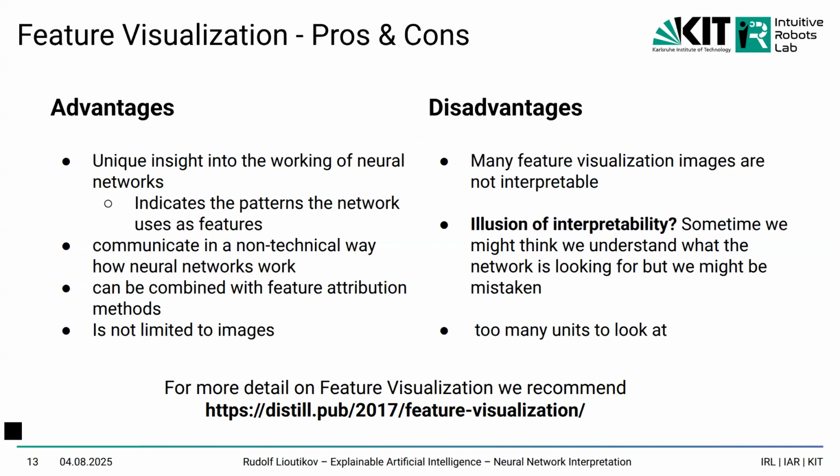Yeah, now we've seen feature visualization with image classification models, but how would that look with text classification models, for example? For instance, if you have a classifier that tells you this is a Spanish or a German sentence or something like this, right?